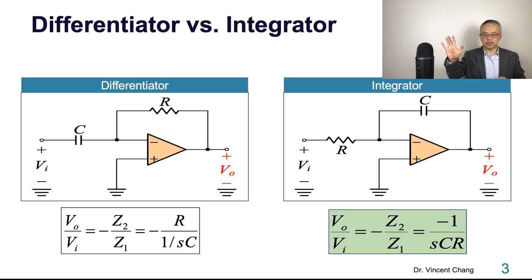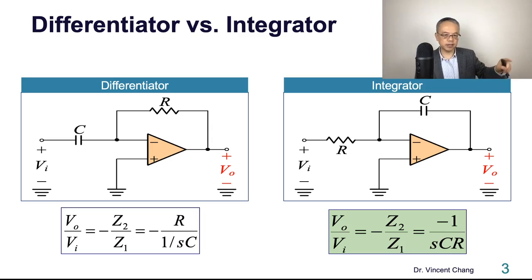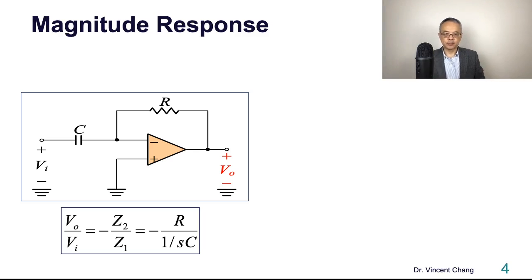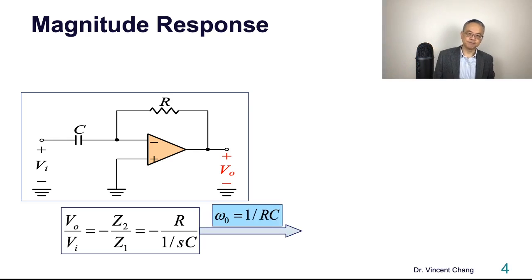On the left-hand side is negative SRC, but on the right-hand side is negative 1 over SCR. So it's a strong contrast between the two, right? Now let's move on to the magnitude frequency response, the frequency domain analysis.